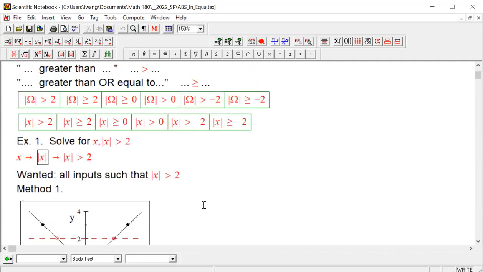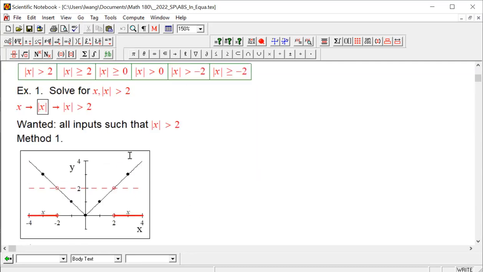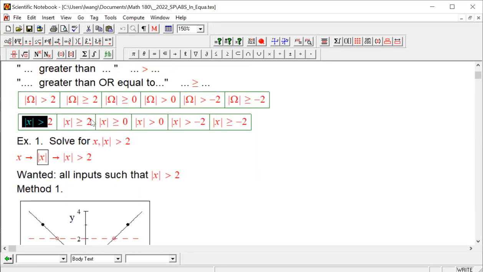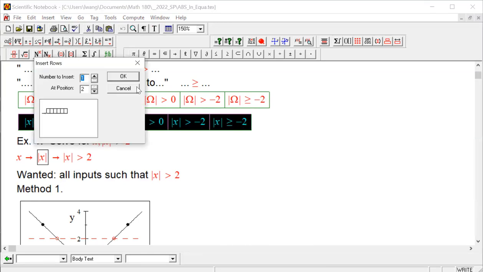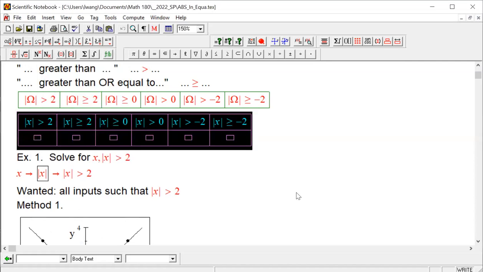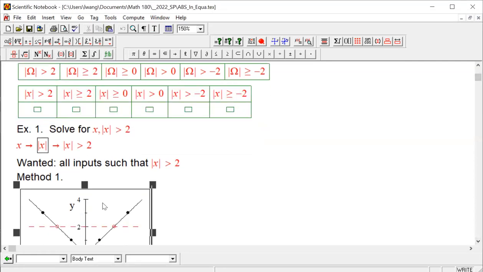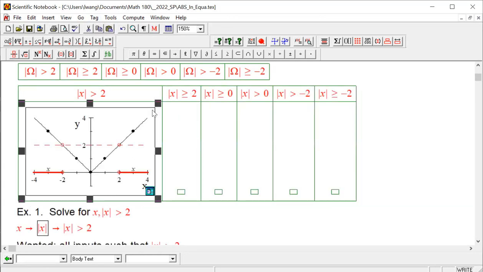So what we'd like to do is put this case in our summary. Why not? As we're doing it, we get those pictures, and we're going to put those pictures in our summary table.